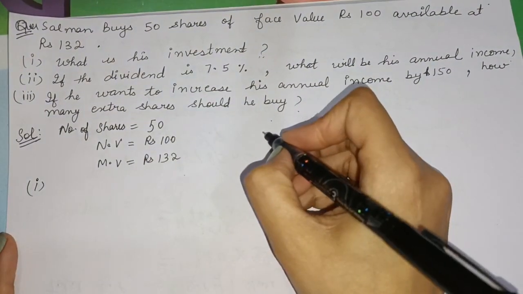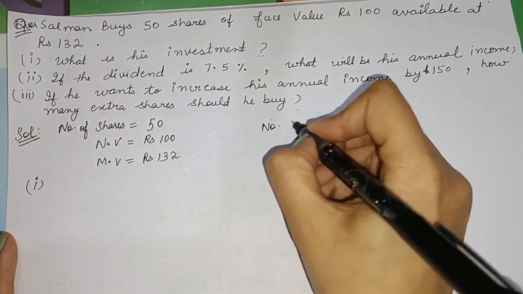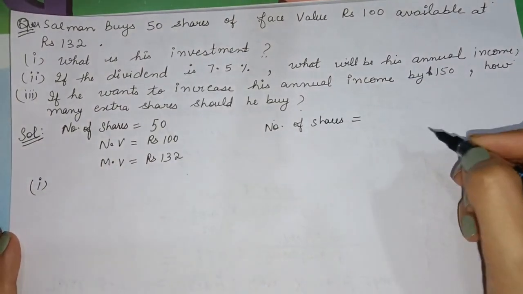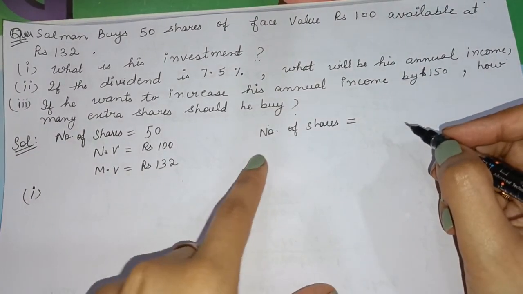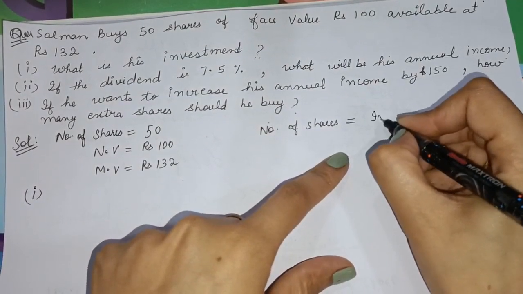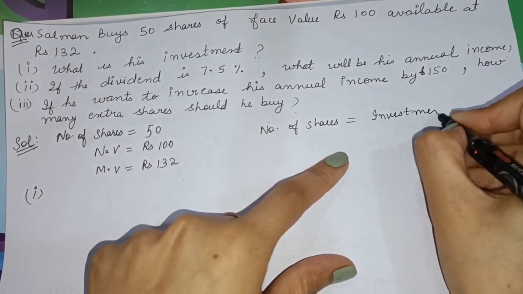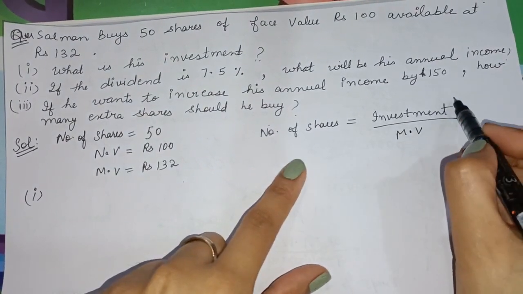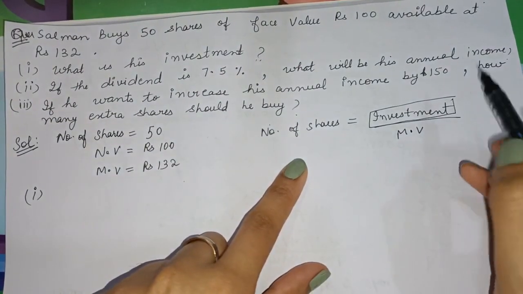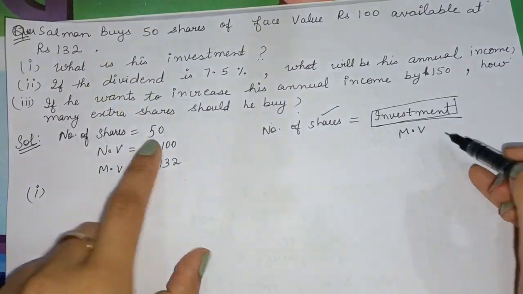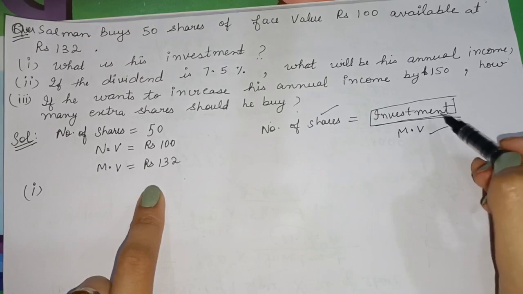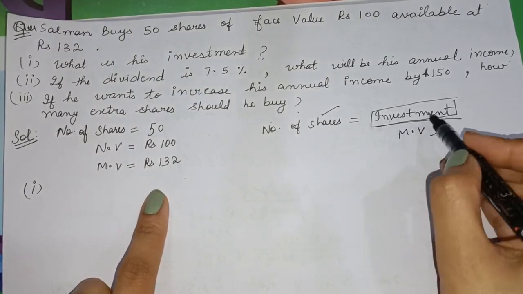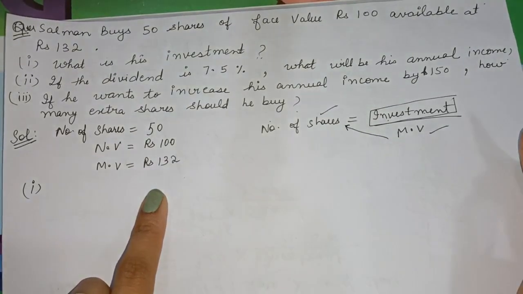So we know one formula of number of shares, because that formula includes investment. Number of shares is equal to investment upon MV. Now in this question, we have to find investment. Number of shares we already know, MV also we know. So from this formula itself we can get the formula of investment if MV we send to the other side.